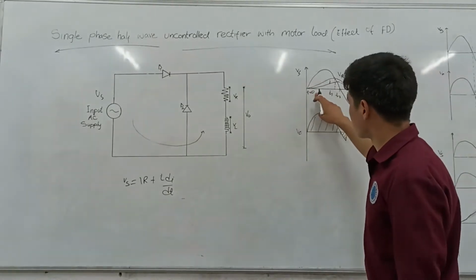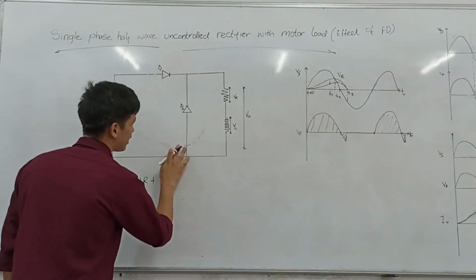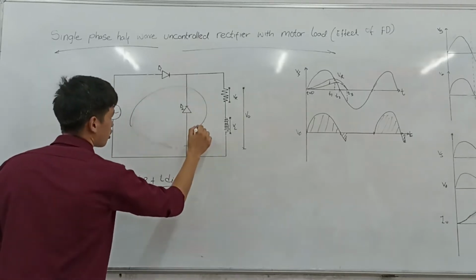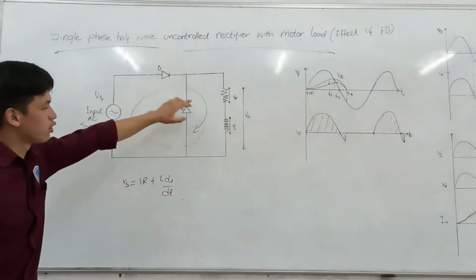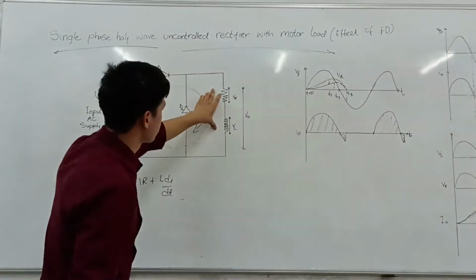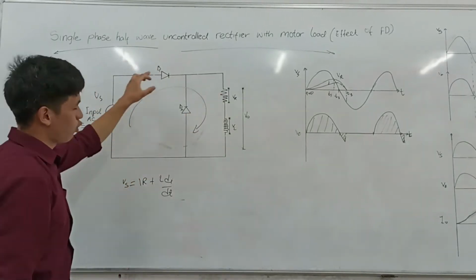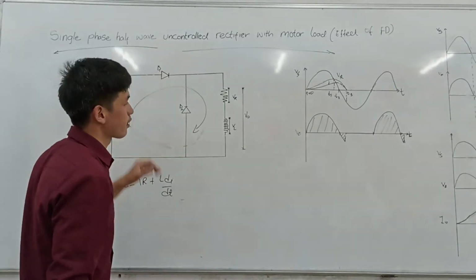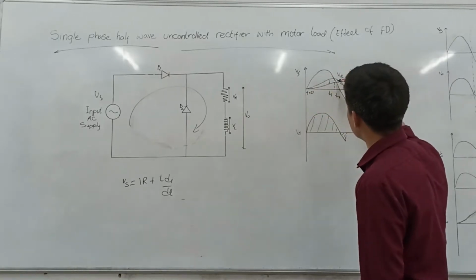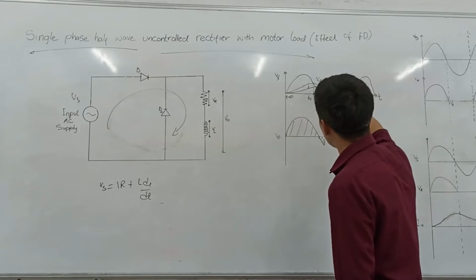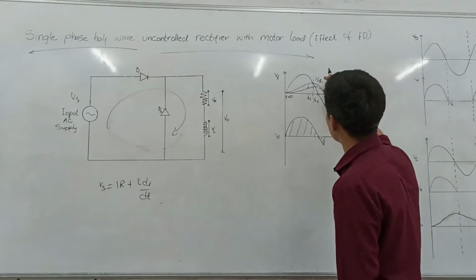And at t equal to 0, the direction of flow of the AC source is reversed. The current flows through diode 1 to the inductive and resistance load, which is the motor load, and it flows in the forward bias of D1. Here at t equal to 0, the source voltage rises, and until t1 the source voltage is greater than Vr.